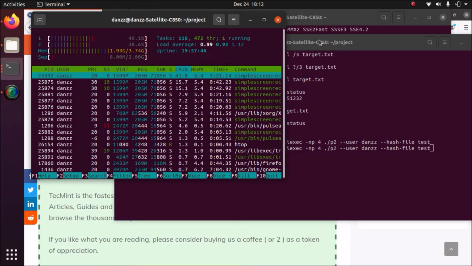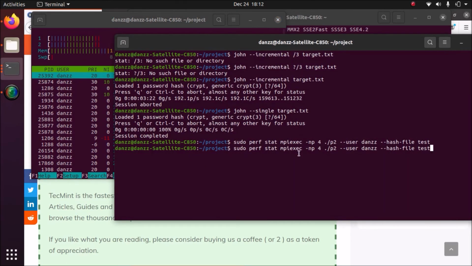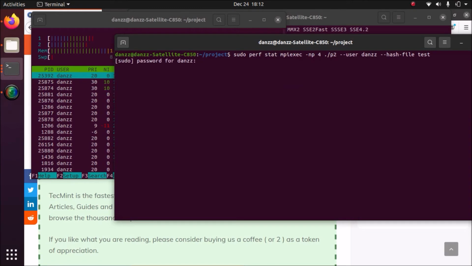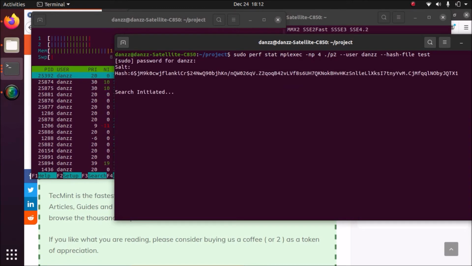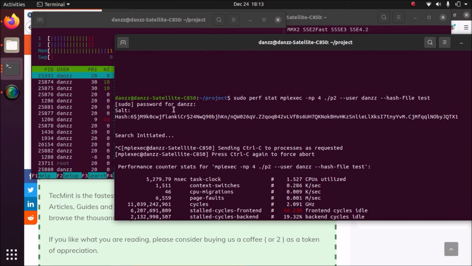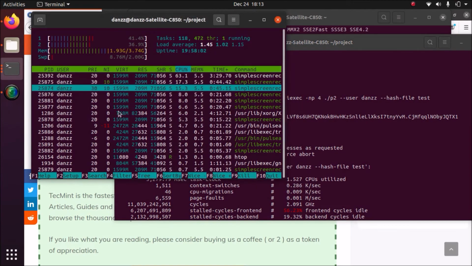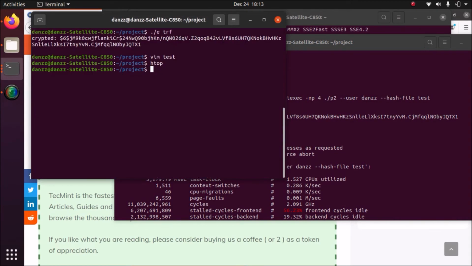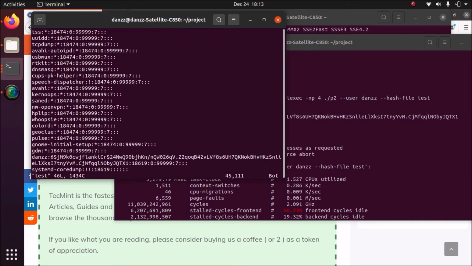Now I will run this command, and here goes, it's asking for my password. Okay, now there's been a mistake. As you can see, it did not detect salt, so it may be because of an extra space. Let me look up the test file.